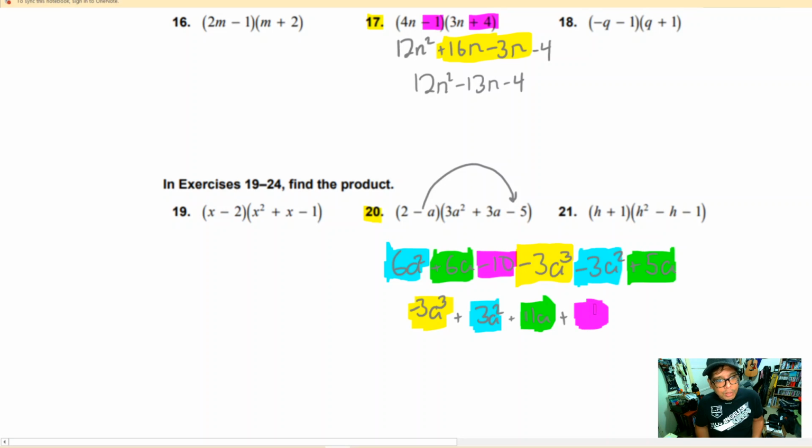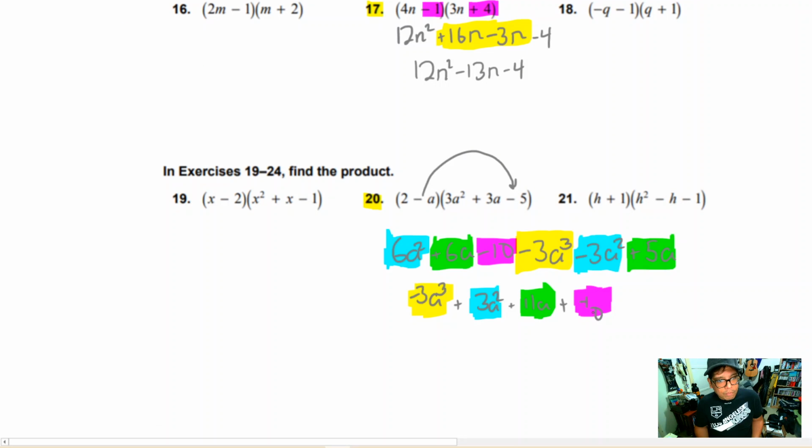So let's put it over here, minus 10. Ooh, that was interesting. Okay, now we're going to clean it up. Minus 3a cubed plus 3a squared plus 11a minus 10. And that's going to do it for us.